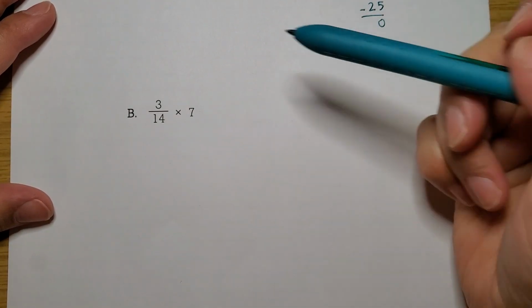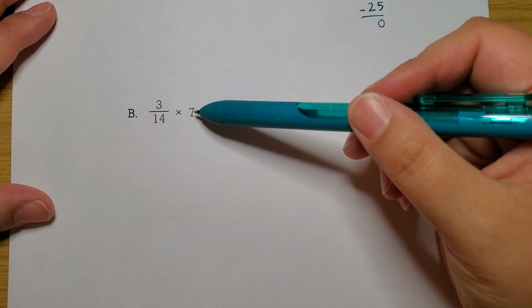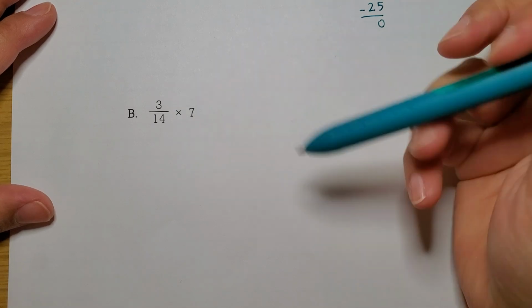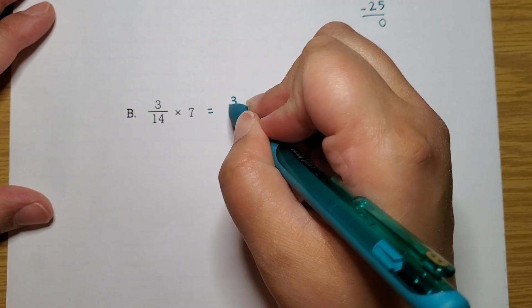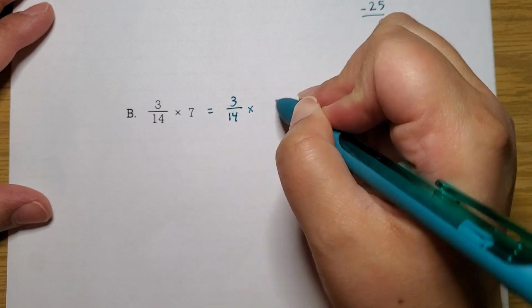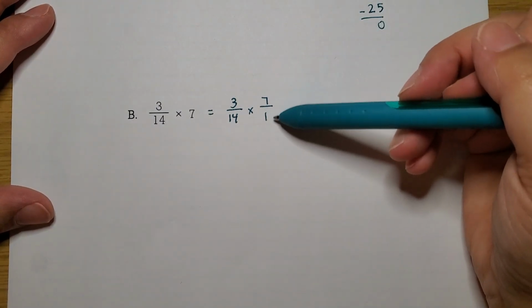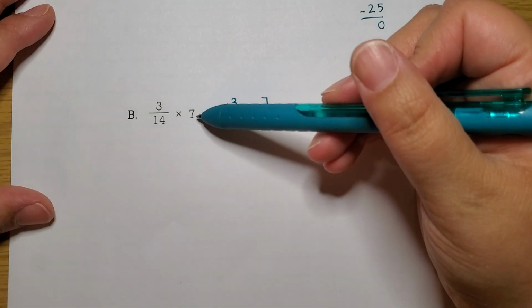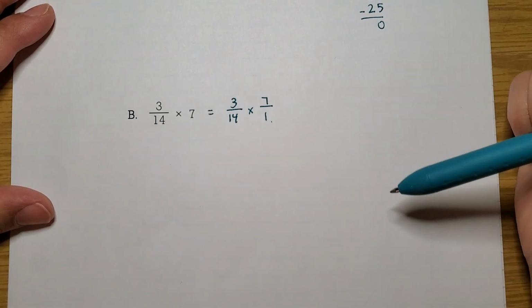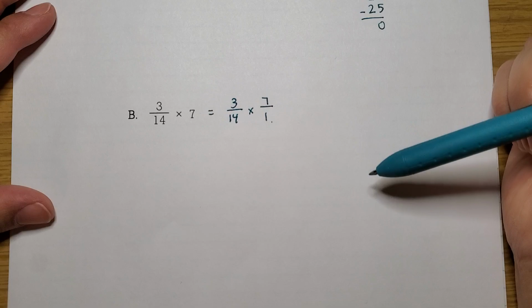Remember that any whole number can be written as a fraction by putting it over 1. So I'm going to write this as 3/14 times 7 over 1. And this is because 7 divided by 1 is the same as 7. So we can put that 1 in there to help us multiply.